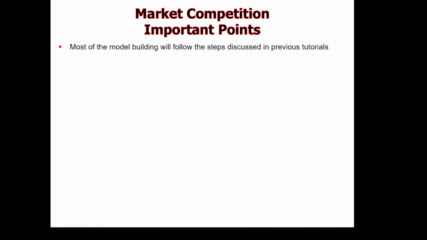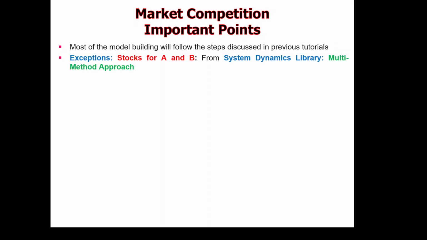Most of the model that we will follow will follow the steps discussed in the previous tutorials, and some would be new. For instance, we will be using stocks A and B. They come from the system dynamics library, and that's why I said that it's going to be a multi method approach. We are going to combine agent based modeling with system dynamics.